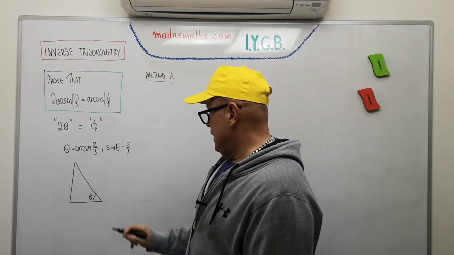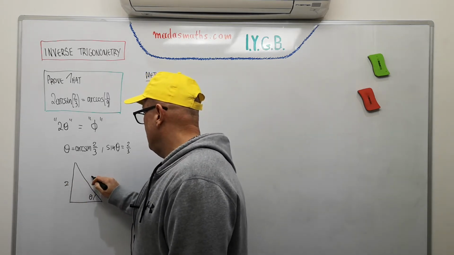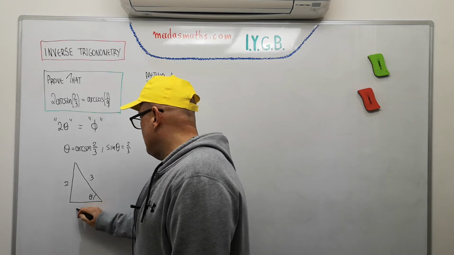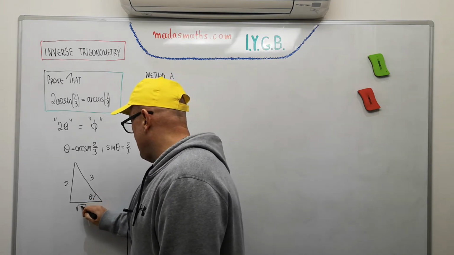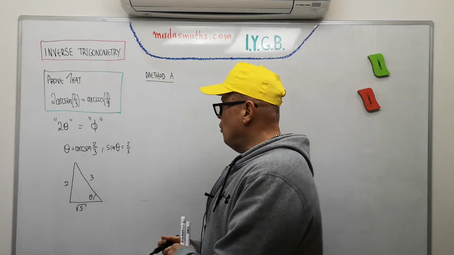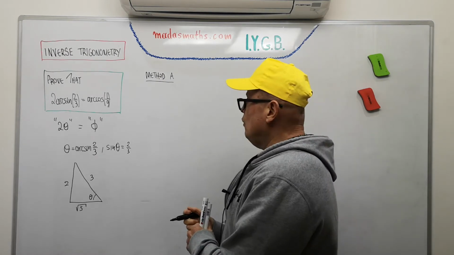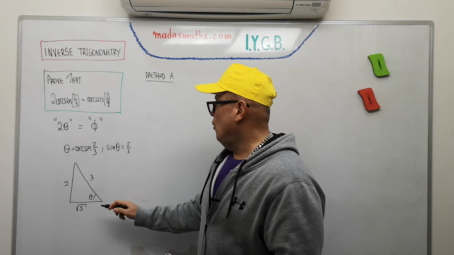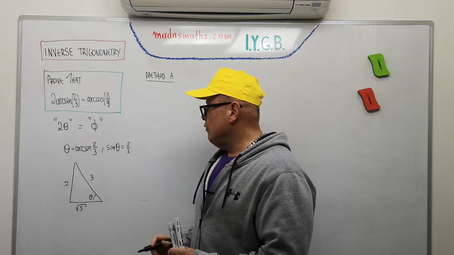Looking at this triangle, opposite divided by the hypotenuse is in the ratio of 2 to 3, and quick Pythagoras will tell us that this side is the square root of 5. So from this triangle I have very quickly the cos of theta, the tan of theta, and anything else I might need.